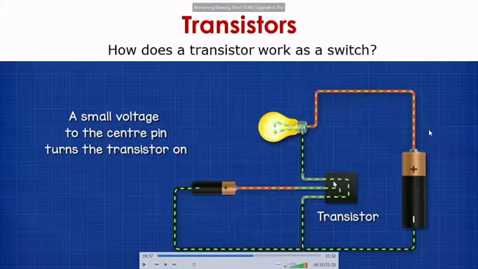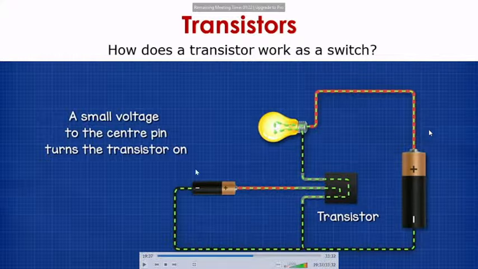In this case, this pin is the collector, and this pin is the emitter. The collector terminal collects the electron flow, and only when the base gets some external voltage will this open. Otherwise, this flow is closed.